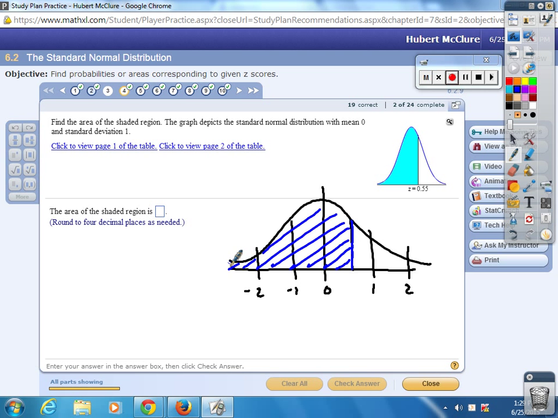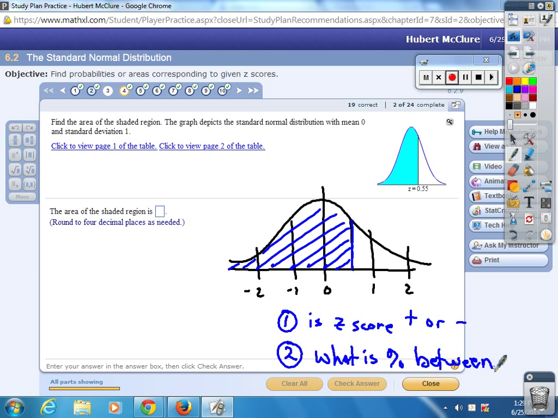All right, now there's two things I want you to ask yourself at this point. One, is the z-score positive or negative? And don't answer that. Two, what is the percentage between?